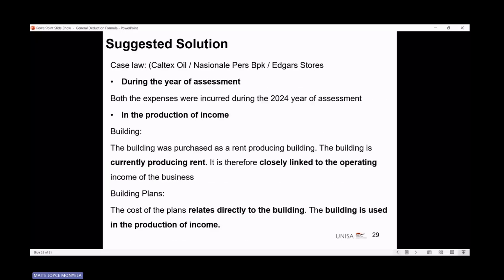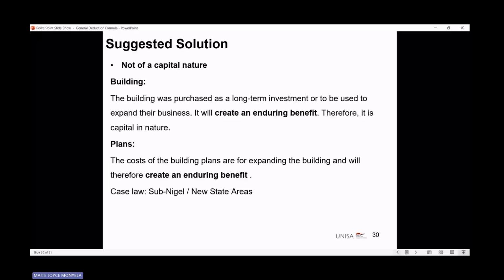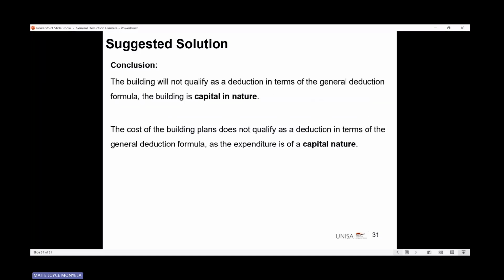The other one, the cost of the building plans for expanding the building, will therefore create an enduring benefit. It will also not qualify as a deduction. The cost of the building does not qualify in terms of the general deduction formula, as the expenditure is of capital nature.